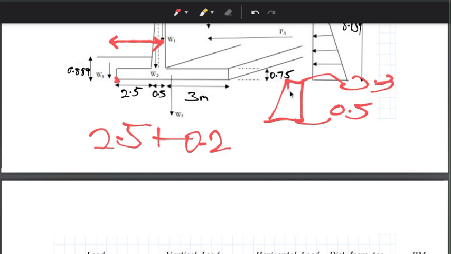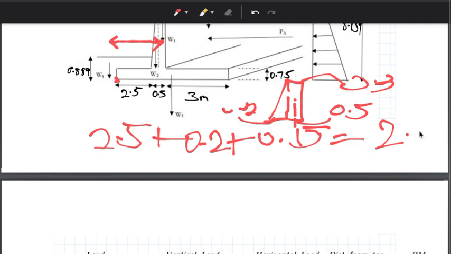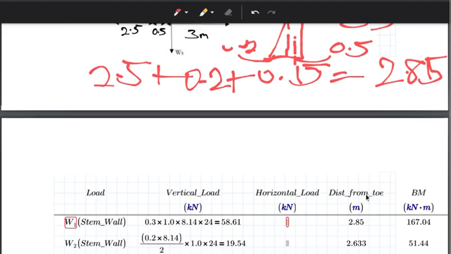So let's first take the triangular part. This is 0.2, which is what we wrote here. Then plus half of 0.3, which is 0.15. When we add this, it should give us 2.85 meters, that's what we have here.